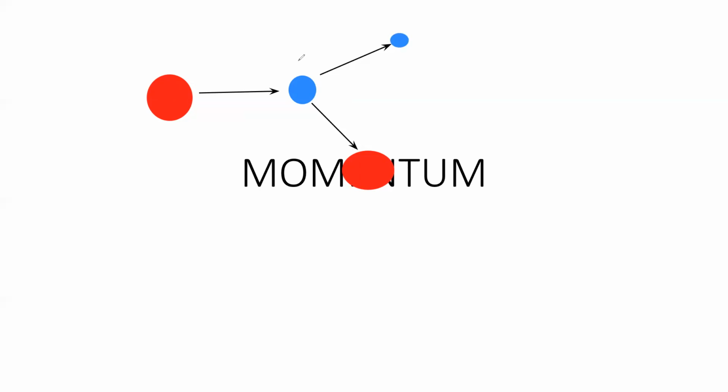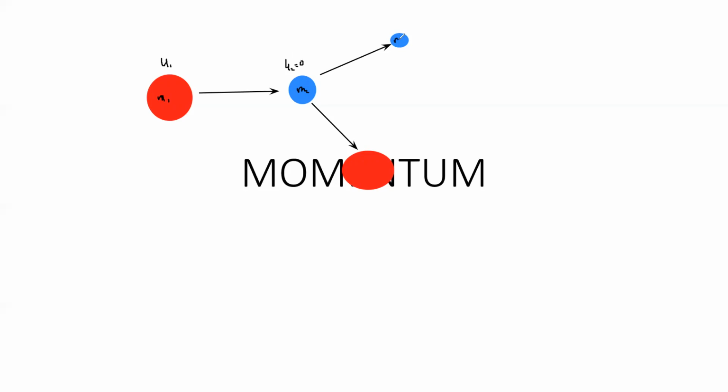So if I say this mass is m1, it was moving with velocity u1. This mass is m2, it was initially stationary.